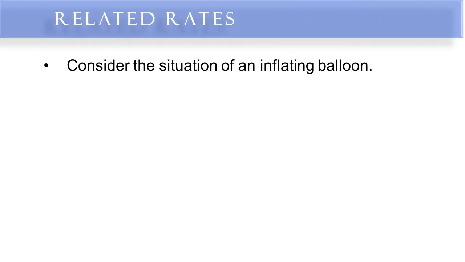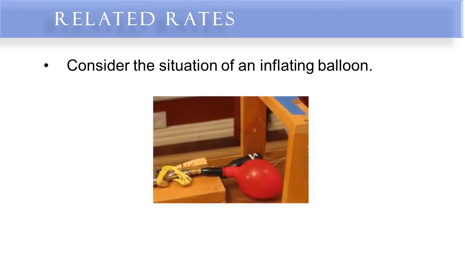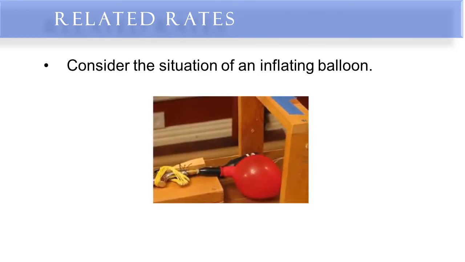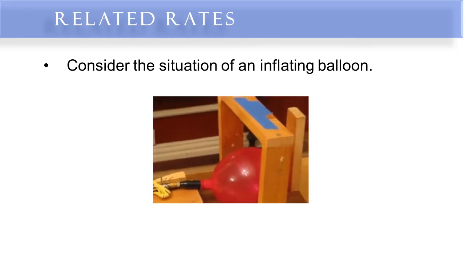So let's have an example about related rates. Let's consider the situation of an inflating balloon. As you can see in the video, the balloon is widening, or the size of the balloon is getting bigger. Also, if the balloon is getting bigger, then the length of the diameter increases.